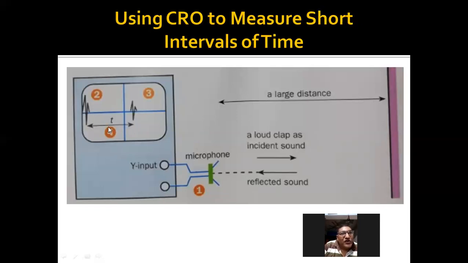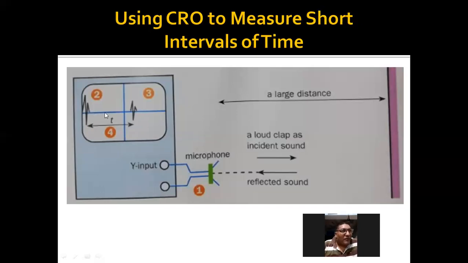If you know the scale of the x-axis of the CRO, where the time is represented, which we call the time base, from here you can count how many squares are between this sound and this sound.